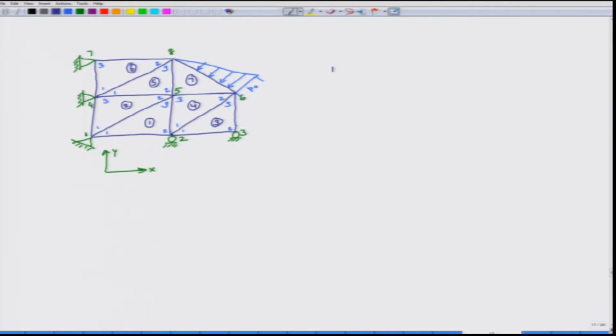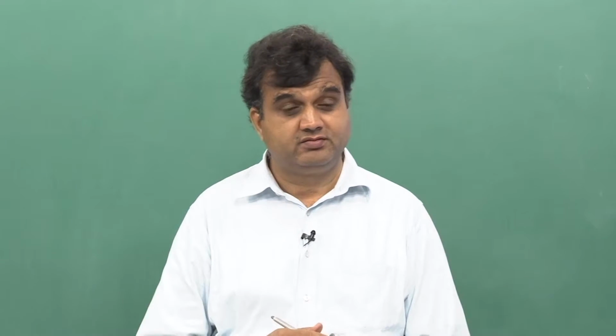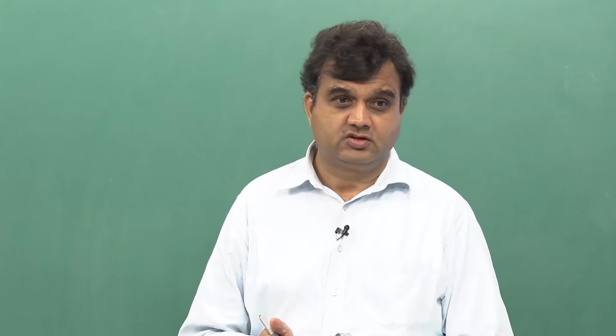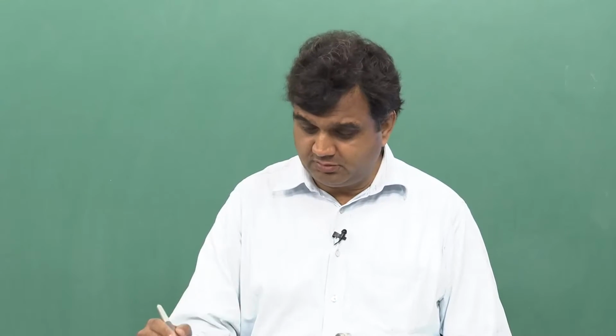Let us write the connectivity matrix for this. The connectivity matrix will have how many rows? 7, because there are 7 elements.